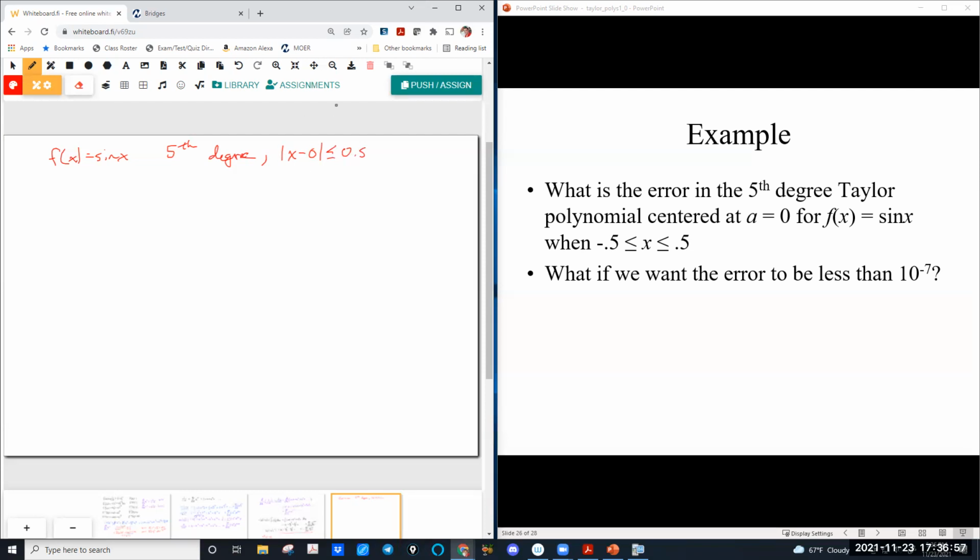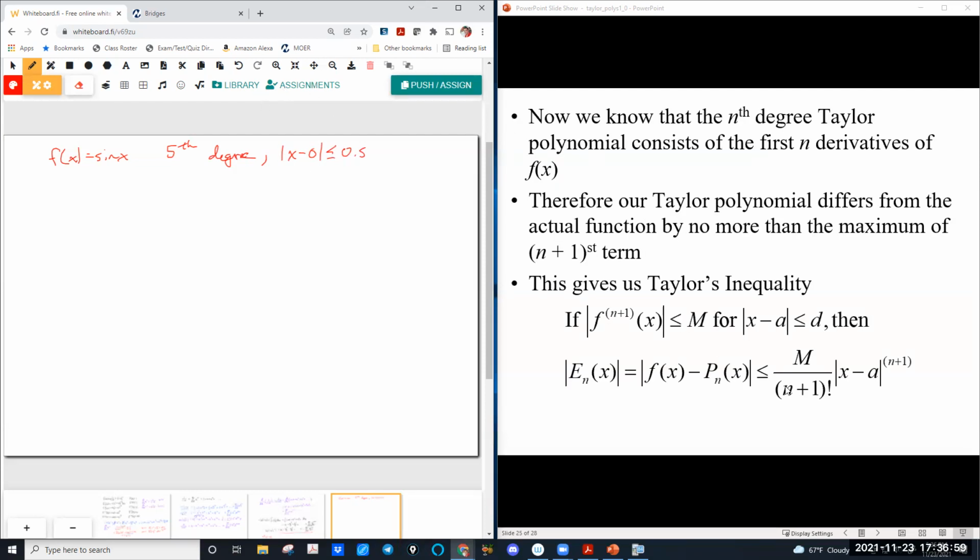You're going to see a lot of the stuff is going to pull right out of there. So if I go back to our term, it's M over n plus 1 factorial times x minus a to the n plus 1, as long as the absolute value of x minus a is less than d. Okay, so the d is this 0.5. This here is our d. And I'll show you why that's important.